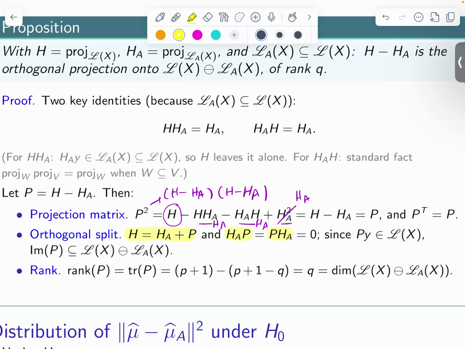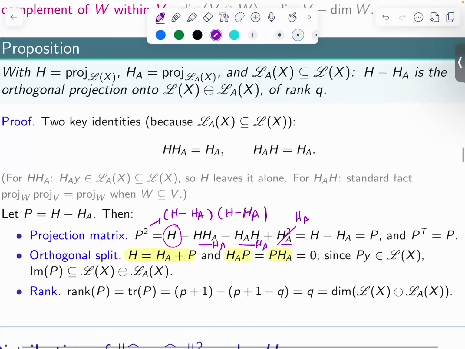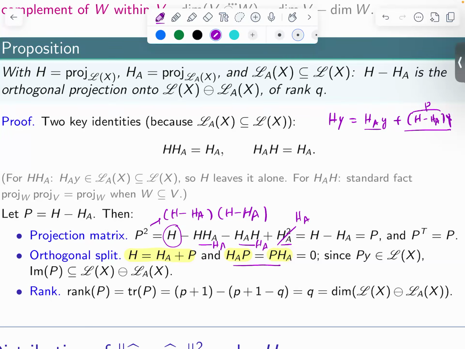So what this is saying is I can write any vector in this format: Hy is HAy plus H minus HA, that's the P, times y, right? So I have a decomposition of every vector into these two pieces, and because these two matrices multiply to 0, these two pieces are orthogonal.